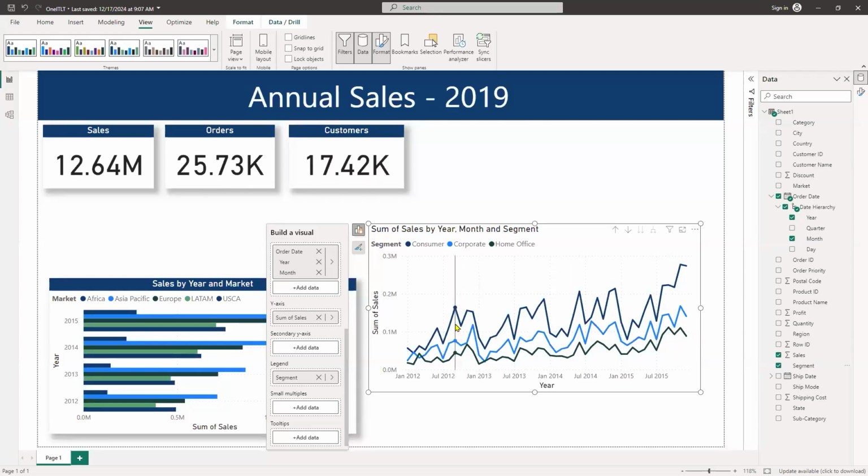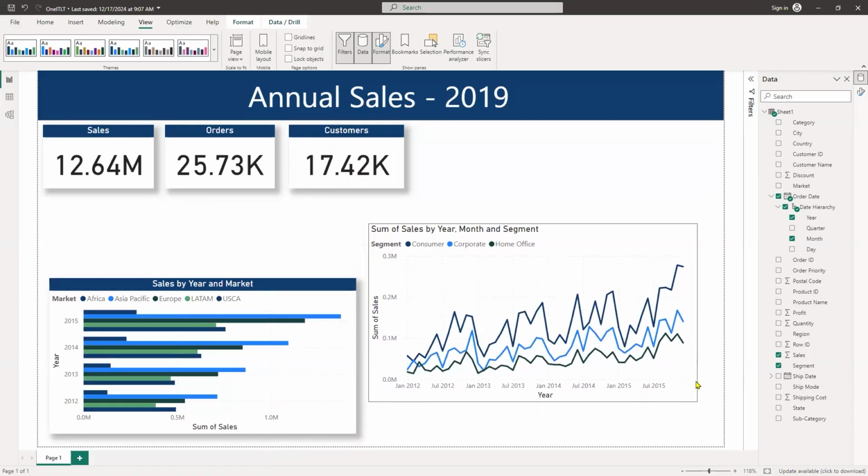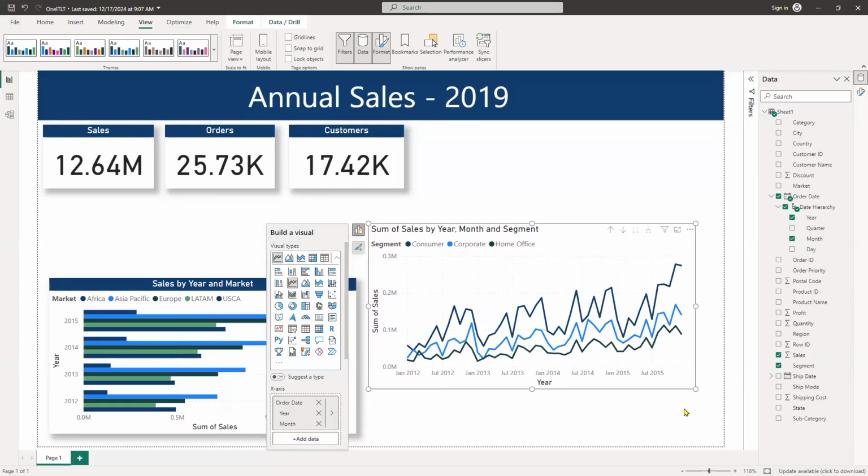There's no decline, but most of the sales are coming from the... It's very hard to read because all the colors are similar. So this one is blue, I suppose. So the consumer segment has most of the sales. It is driving most of the sales. We can also have a secondary axis as well, but right now I think this is enough.